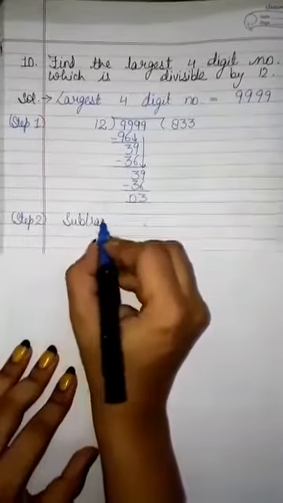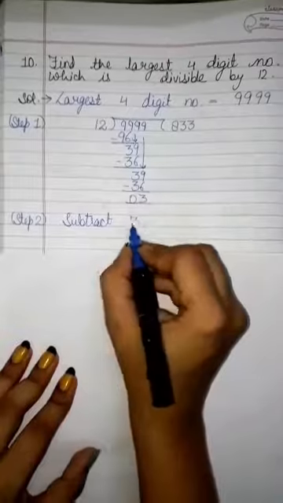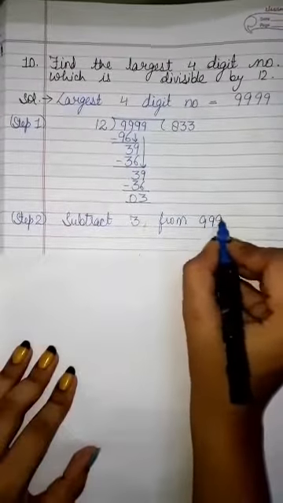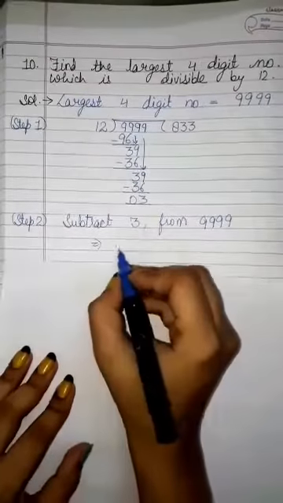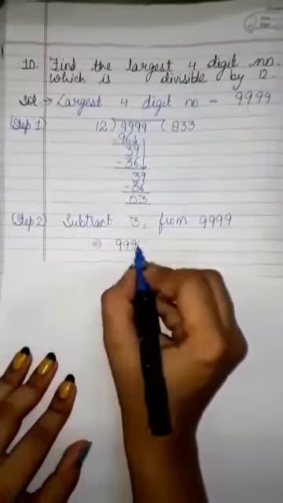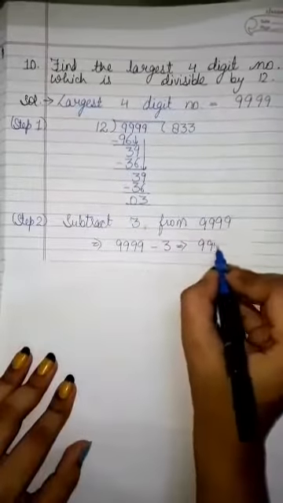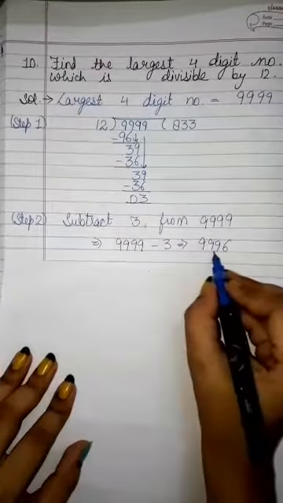Now what is step 2? Subtract 3 from 9999. That is 9999 minus 3. What you get? 9996.